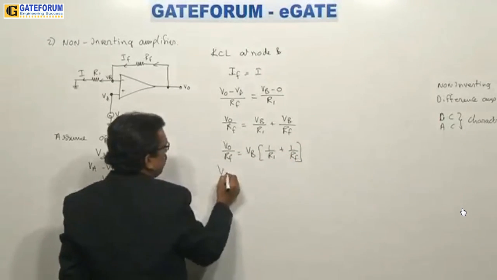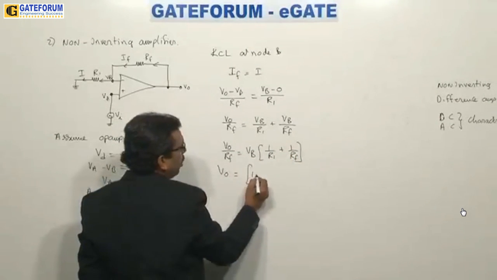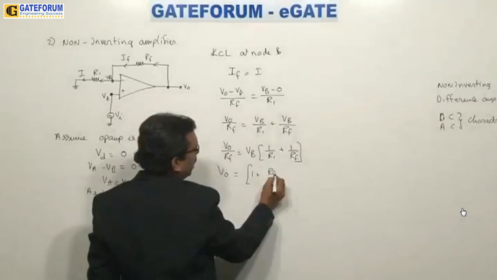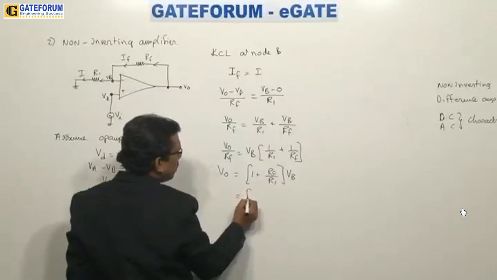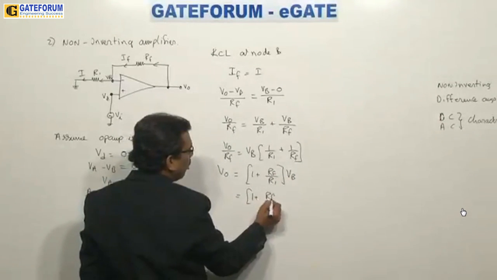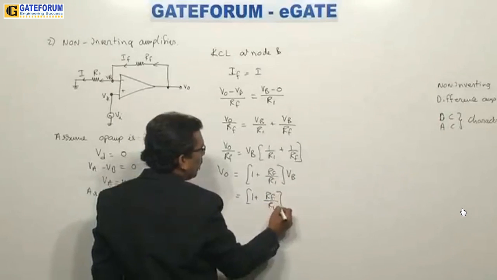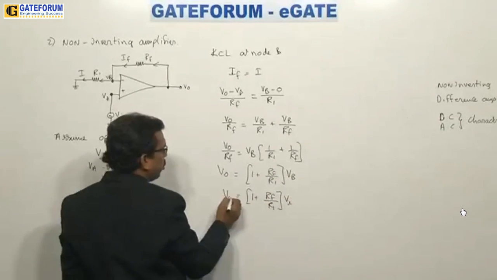So V output equals 1 plus RF by R1 into VB. What is VB? VB is nothing but VI. So V output is 1 plus RF by R1 times VI.